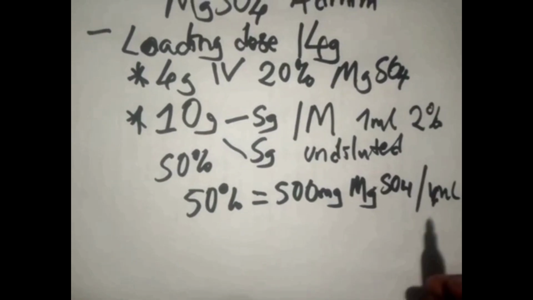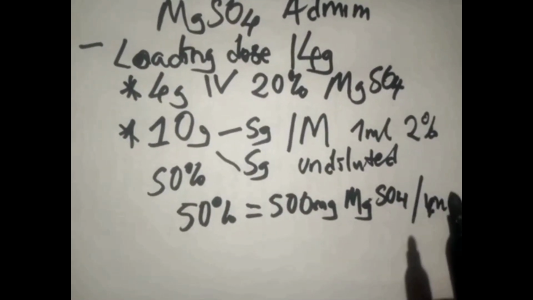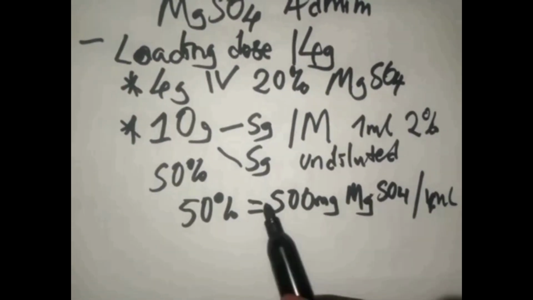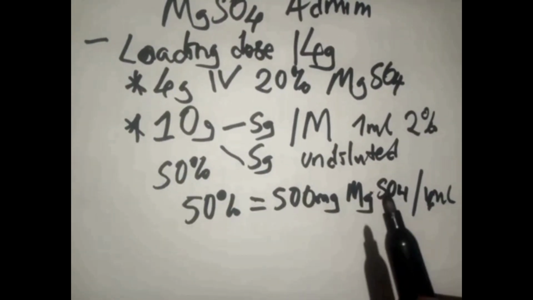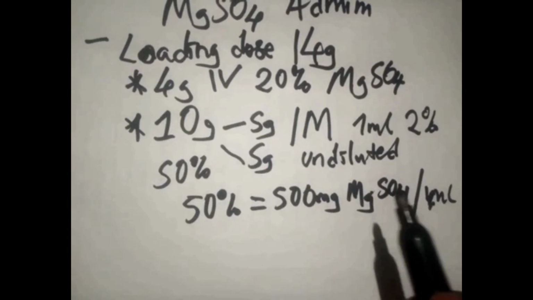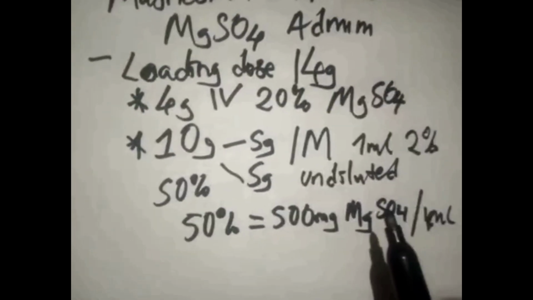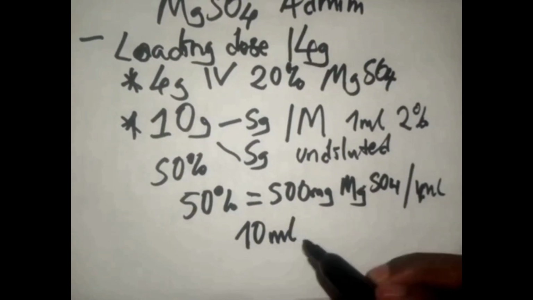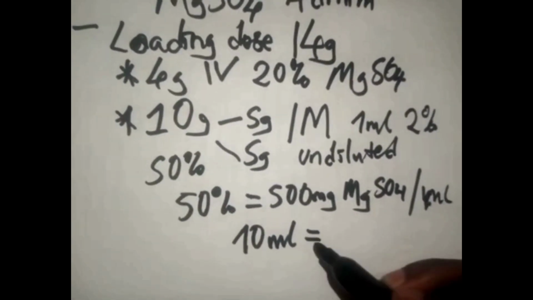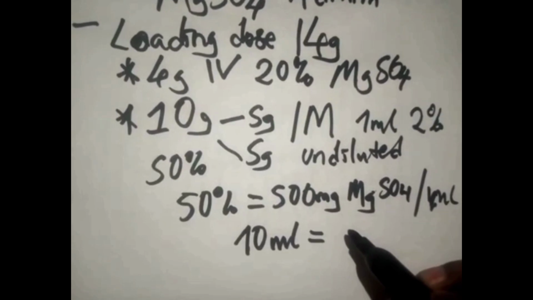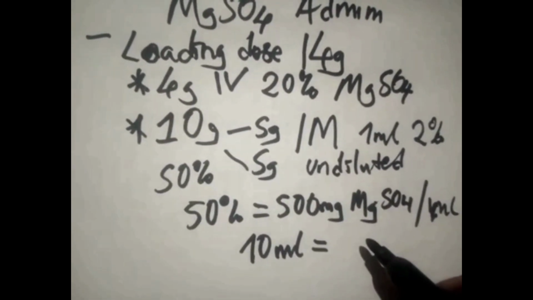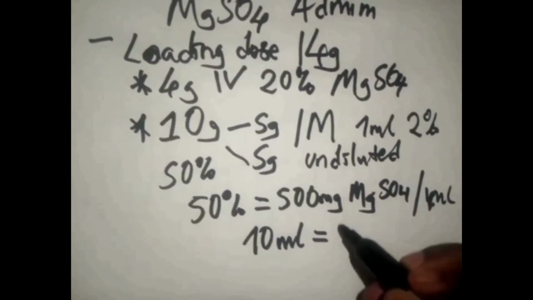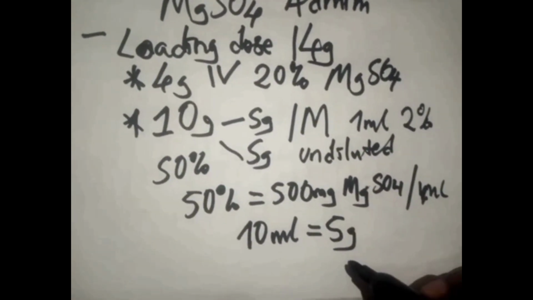So it's 10 mils times the 500, which gives us 5,000 milligrams of mag sulfate total in an ampule. Let's just convert that to grams. So the 10 mil is equal to 5 grams.